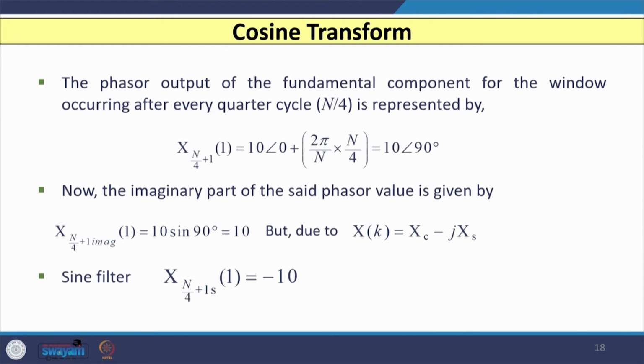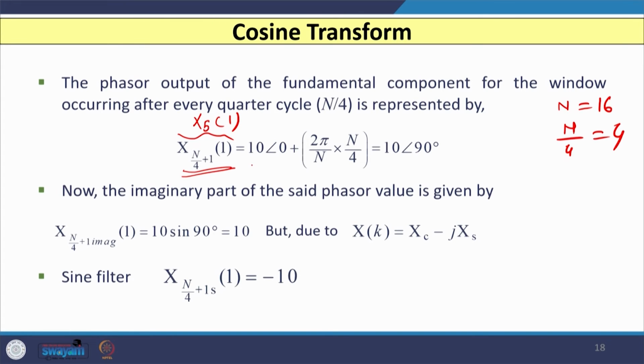With this background, the phasor output of the fundamental component of the window occurring at every n by 4, a quarter cycle, is given by this. Here you can see n is equal to 16. So, when I say n by 4, that is nothing but 4. So, x of n by 4 plus 1 is nothing but your x 5 of 1 value.